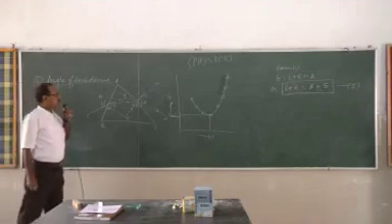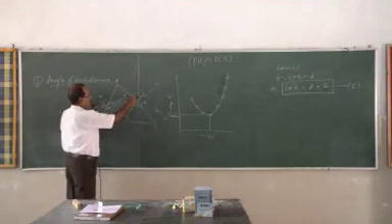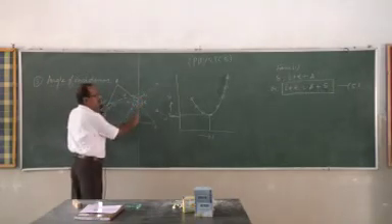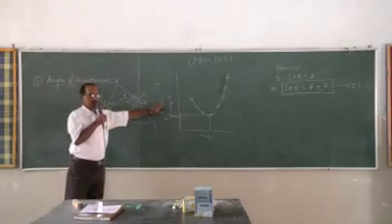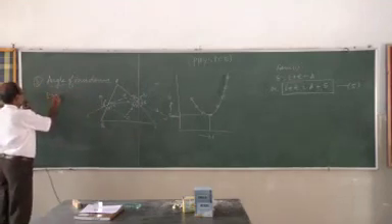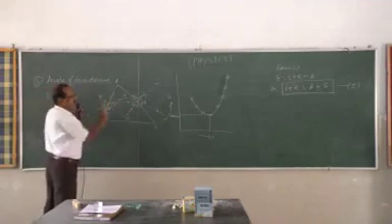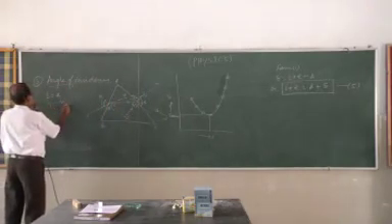Okay, so in this situation, when the angle of deviation is minimum, then angle I is equal to angle E, if this medium and this medium are the same, both air. Also, if it is an equilateral prism, then R1 is equal to R2.